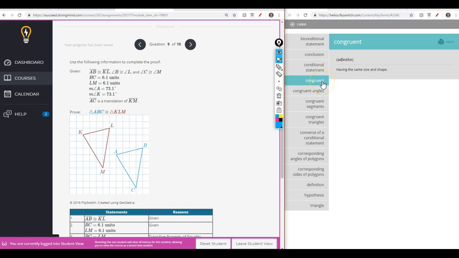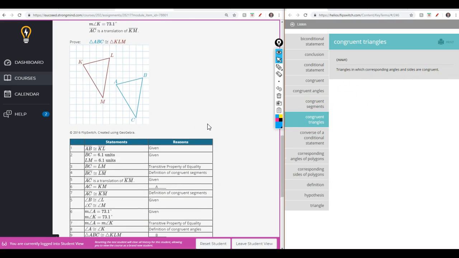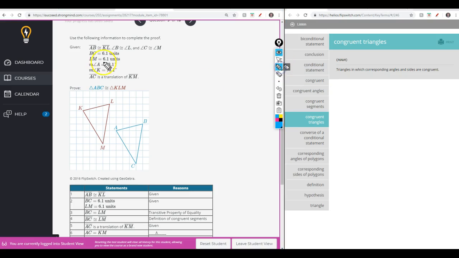So again, congruent triangles means that triangles in which corresponding angles and sides are congruent. So we have two corresponding sides that are given, BC and LM. So we had that AB was congruent to KL, that was given right there.